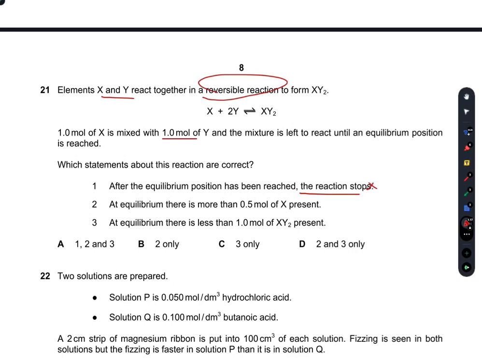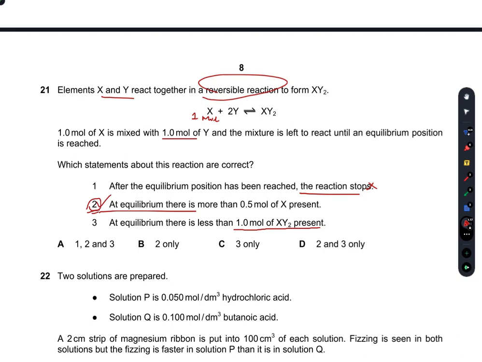At equilibrium, there is more than 0.5 mole of X present. Yes, there is more than half a mole of X present definitely. At equilibrium there is less than 1 mole of XY2 present.